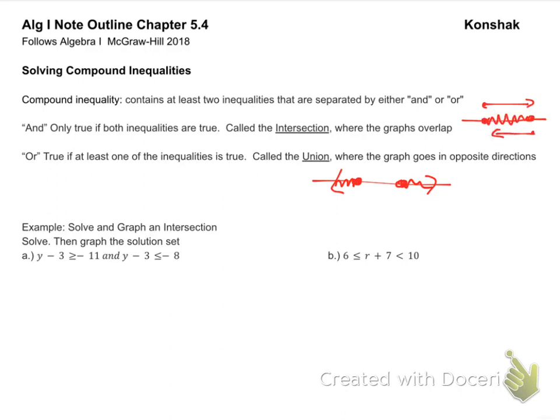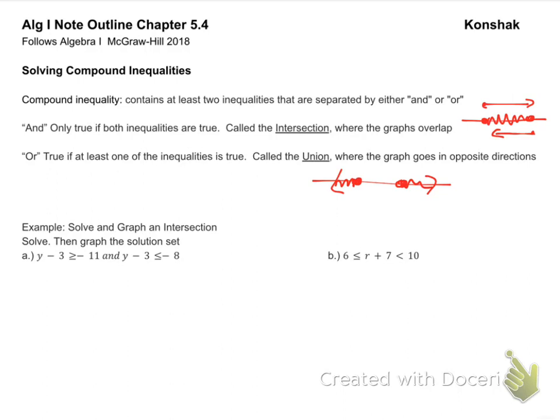So kind of going back to that amusement park idea, if you were going to go to an amusement park and they had a ride that said you had to be at least 6 feet tall, well, that would probably eliminate quite a number of us, especially in the class, including myself. I wouldn't be able to go on the ride. Now, if it said you have to be at least 6 feet tall or you have to be 18 years or older, then I could go on the ride because I'm part of the other group.